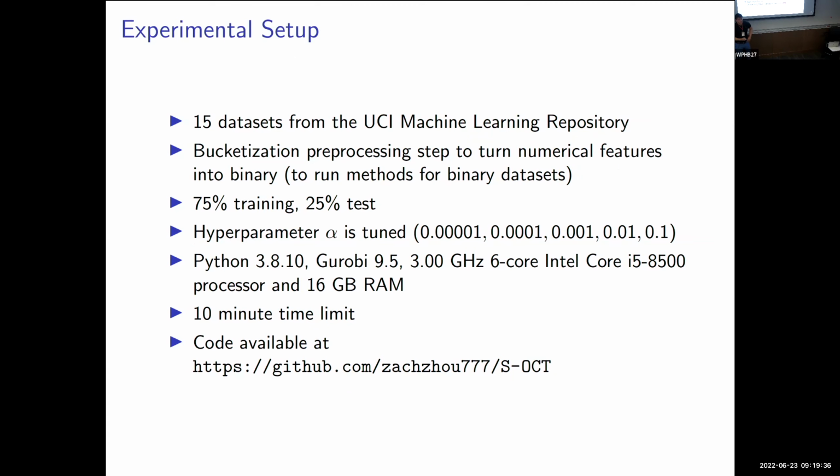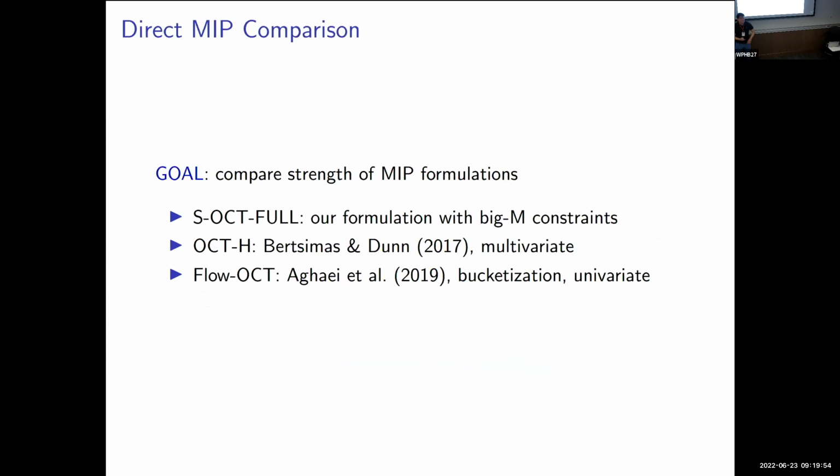We do the standard 75-25 train-test split and tune a hyperparameter alpha. For our models, we run this using Python and Ruby. The code is available on my GitHub. The code base itself is kind of disorganized, but I think I'll clean it up at some point, hopefully.